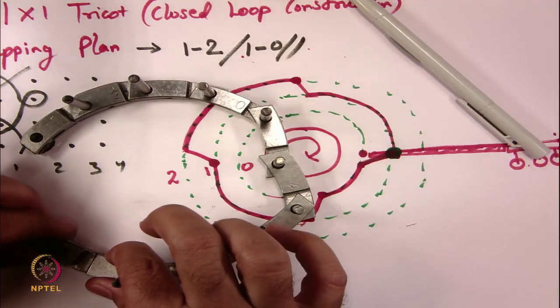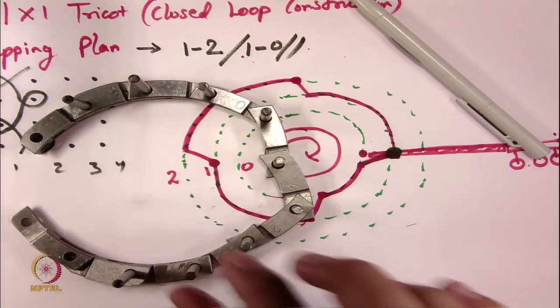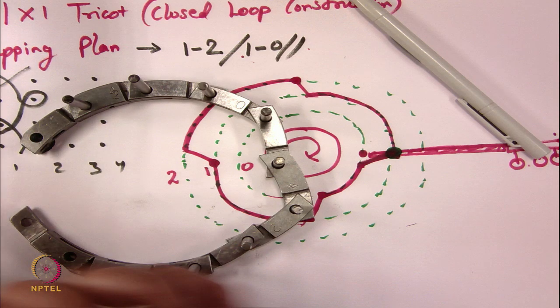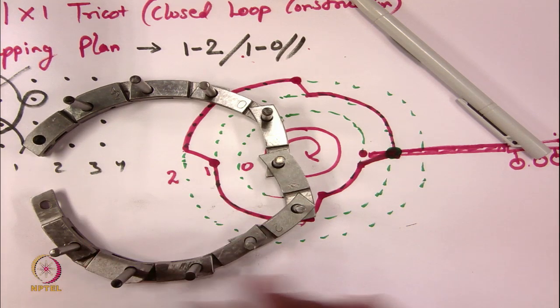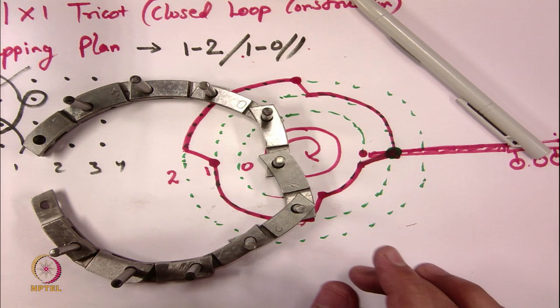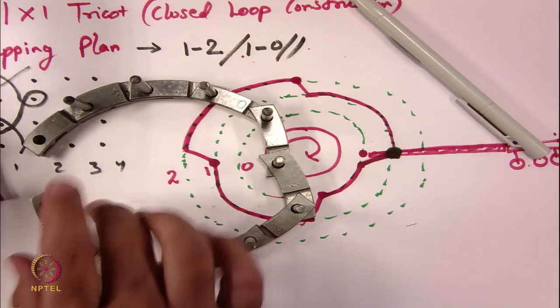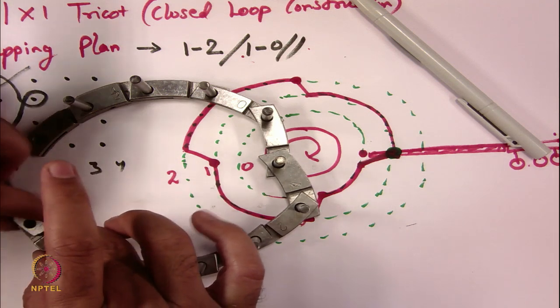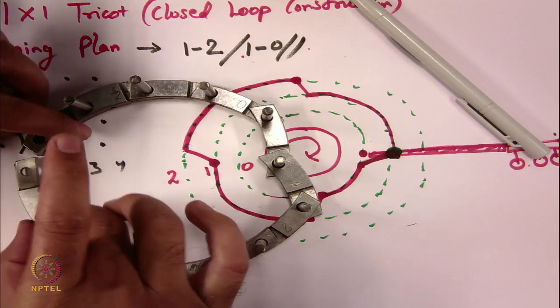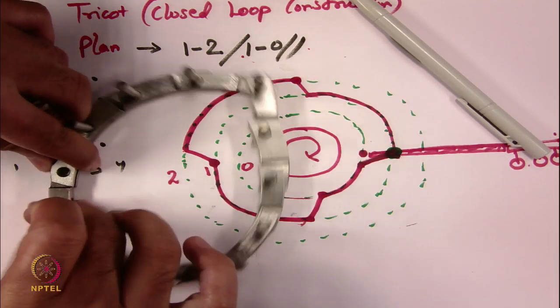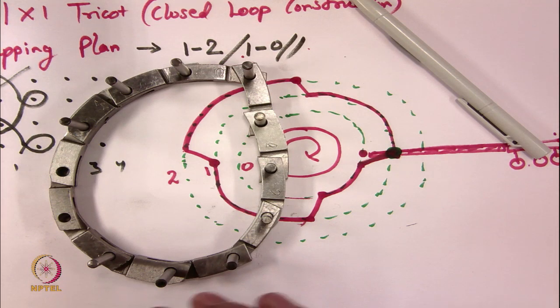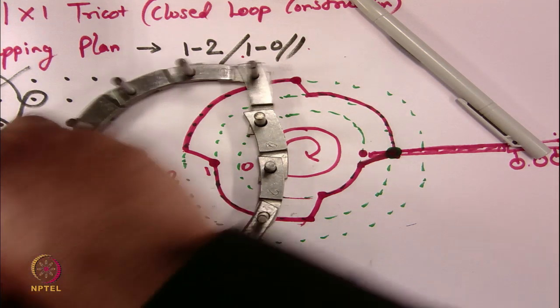So, this is 1, again the bar to fix it, and then finally we can go for the last one, this is 0, and after 0 then again 1 is coming. So, this is how I can fix the entire thing.